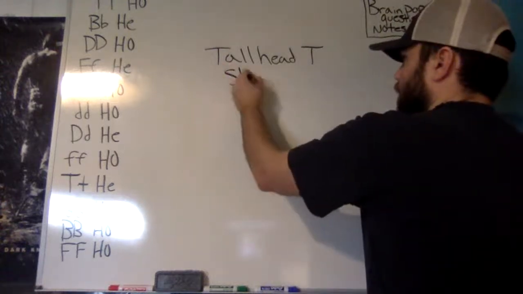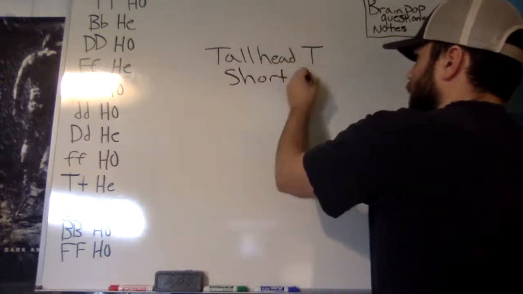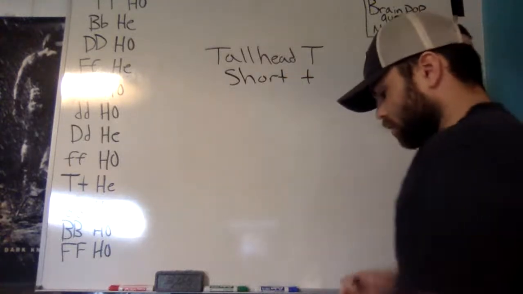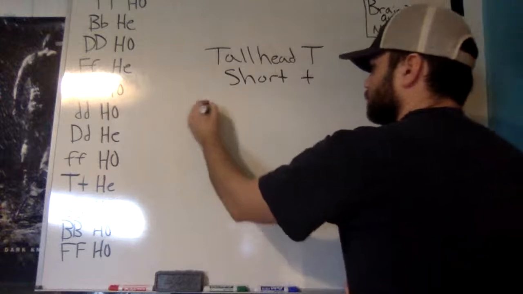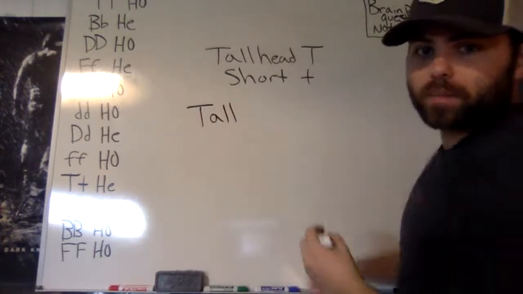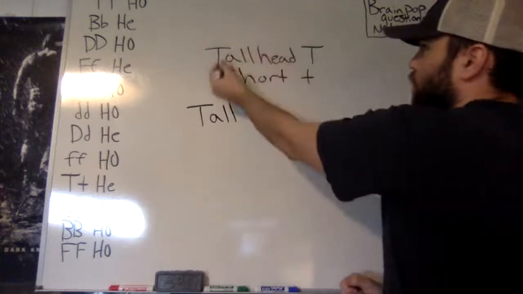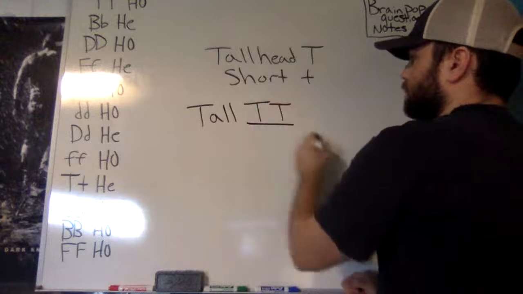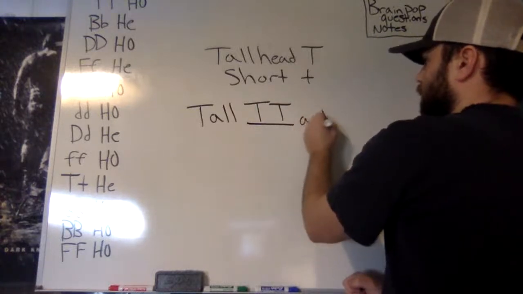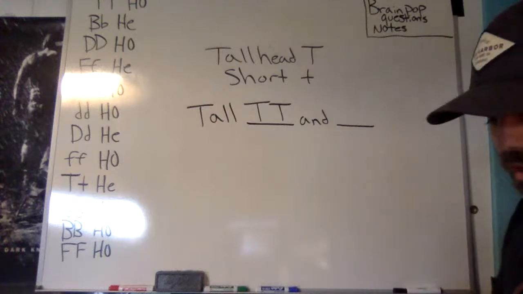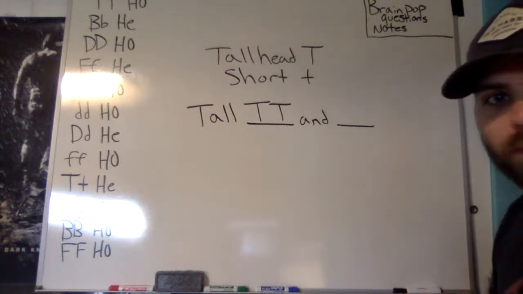So short is lowercase t. If you are tall, you have to put both of the genotypes that would make you tall. So if tall head is T, the first one is going to be two capital T's. And then what do you think? What else can we write here that would also give you a tall head?